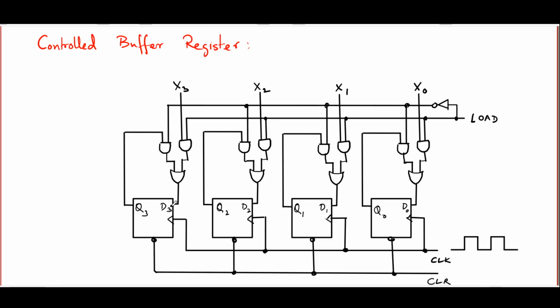It just maintains whatever value it has. So this is how a memory device would actually work. Keep its output as long as the load signal is low, and when the load signal goes high, the input bits x0, x1, x2, x3 are loaded into the register.